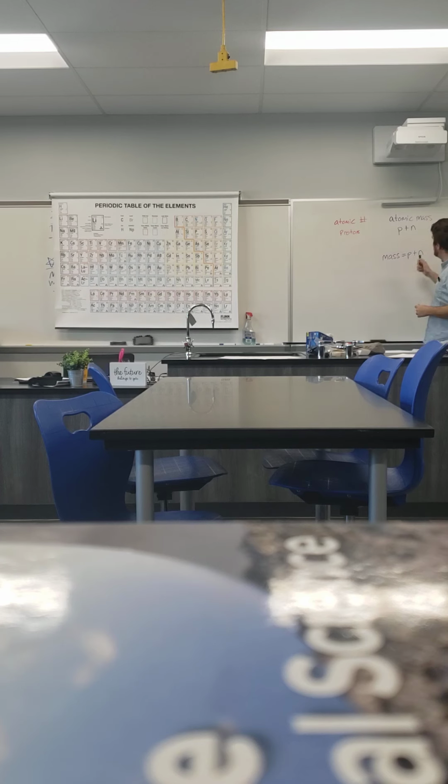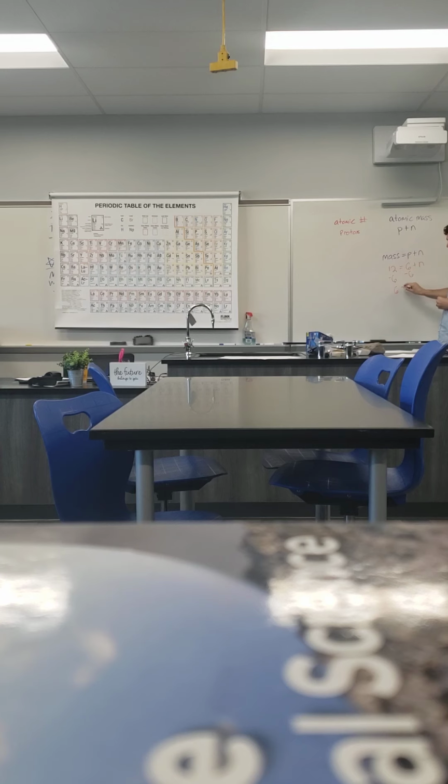So using our atomic mass formula, let's figure out the difference between carbon 12 and carbon 14. So our mass of carbon 12 is 12, and it has how many protons? Anybody? 6. 6, that's right. And let's figure out how many neutrons it has. So we have to solve for n. I'm going to subtract 6 from both sides.